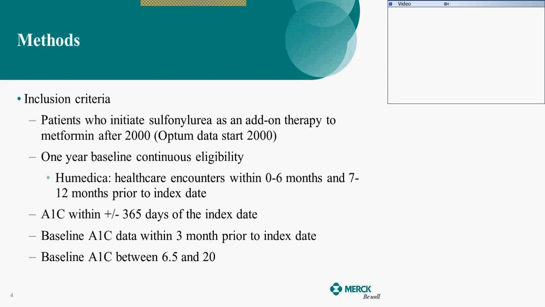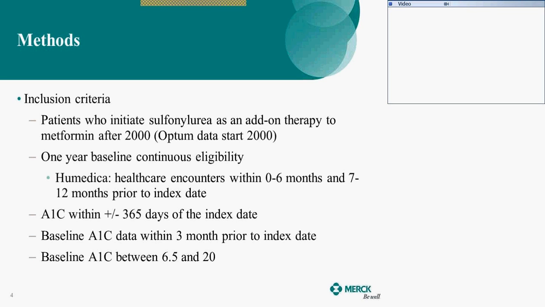The patients we select for this analysis are those who initiate sulfonylurea as an add-on treatment therapy to metformin after 2000. The reason we chose 2000 is that Optum data starts from 2000.